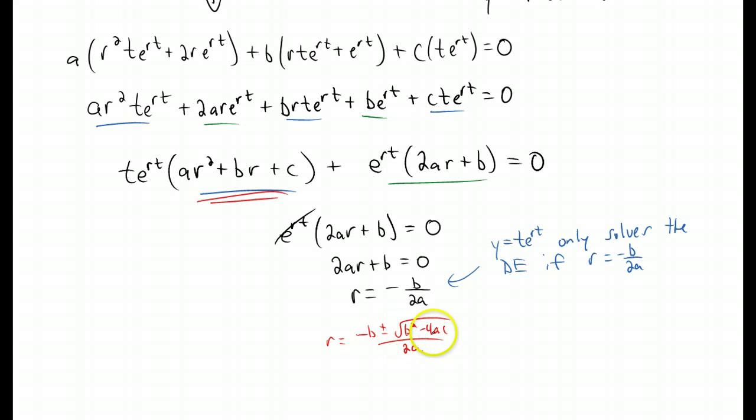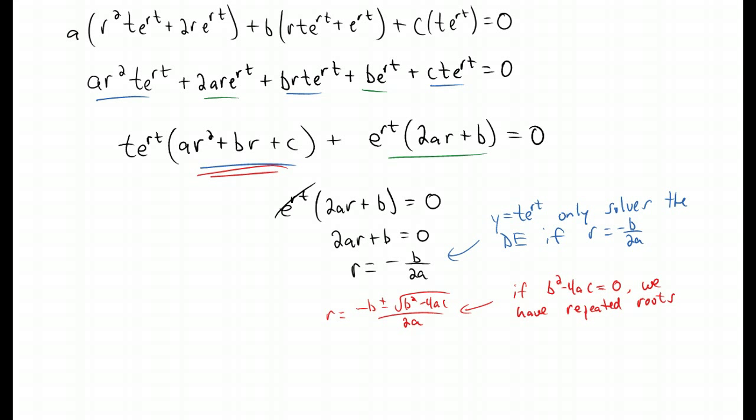That would be if this number in here is positive, you get a plus solution and a minus solution. You could get complex solutions to your quadratic equation if this number in here is negative. Or you could get a repeated solution. That happens when this thing called the discriminant equals 0. We actually get what we call repeated roots. And what are those repeated roots? Well, it's r is negative b over 2a.